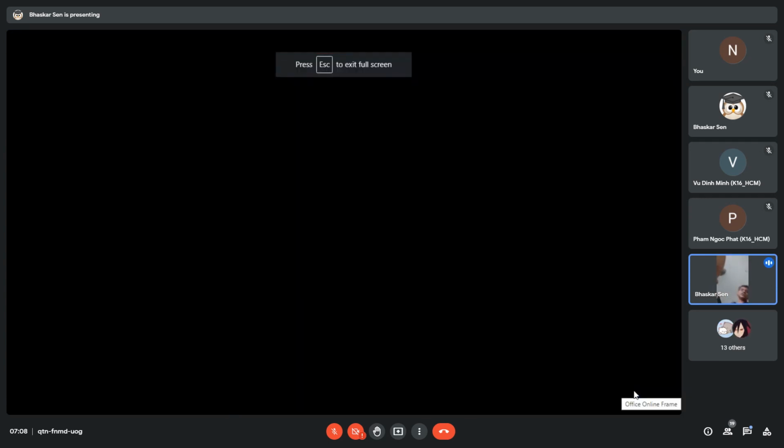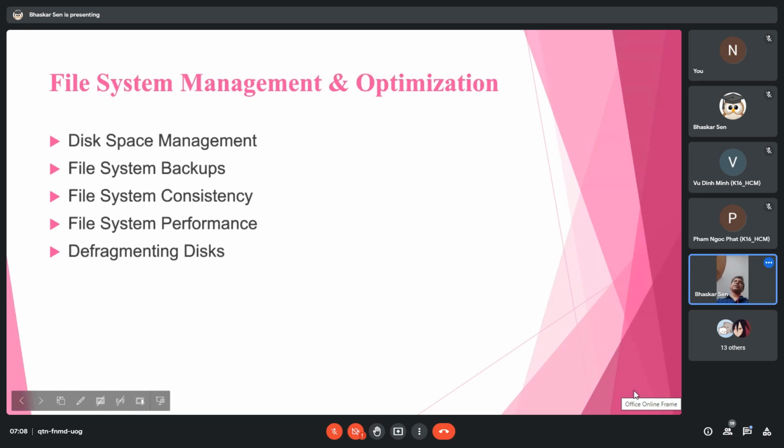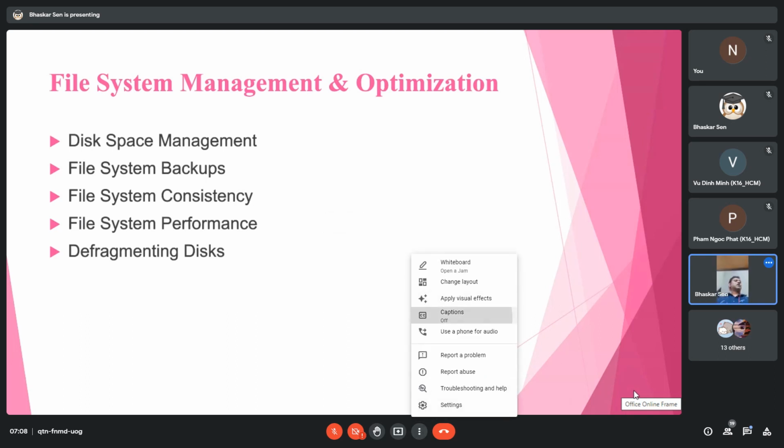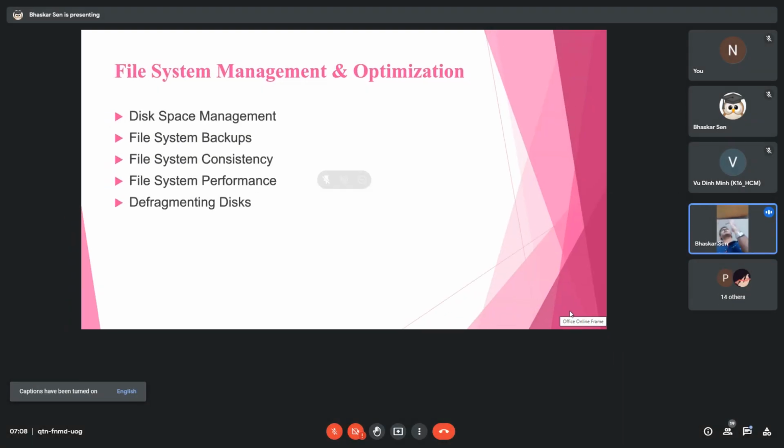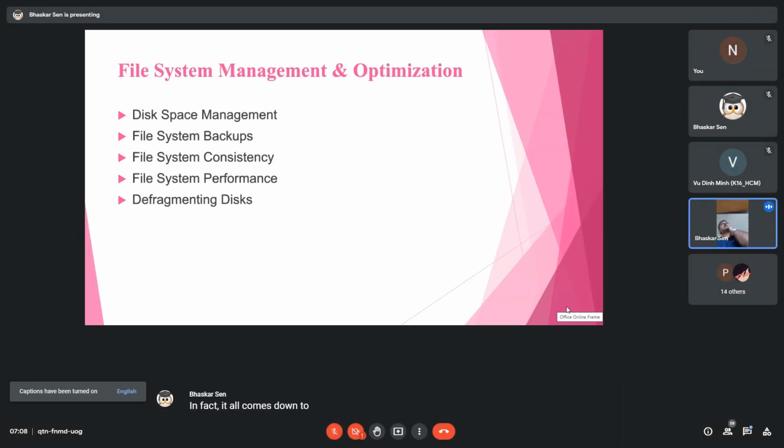So file system performance. Performance depends on a couple of things, as we understand. First of all, the faster access. In fact, it all comes down to that, the faster access.